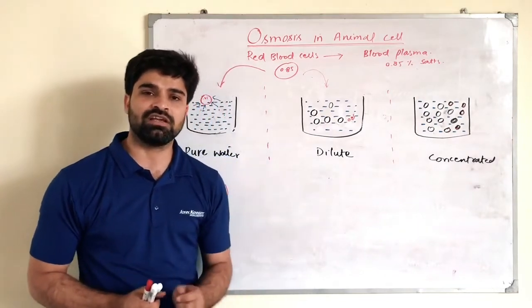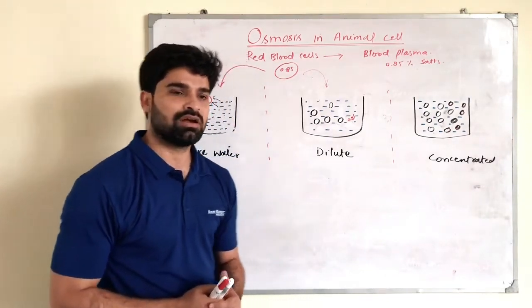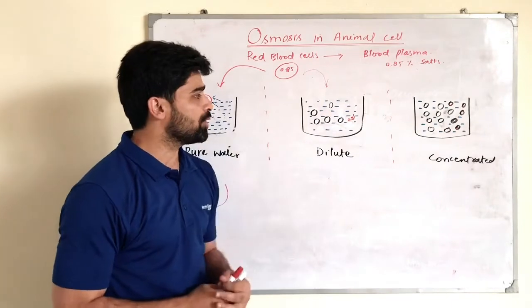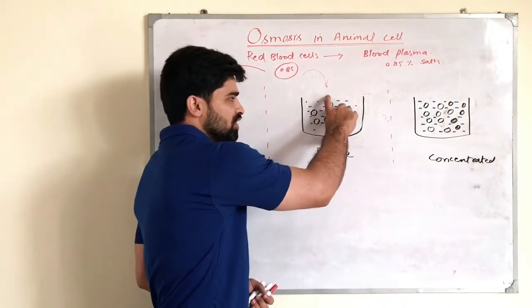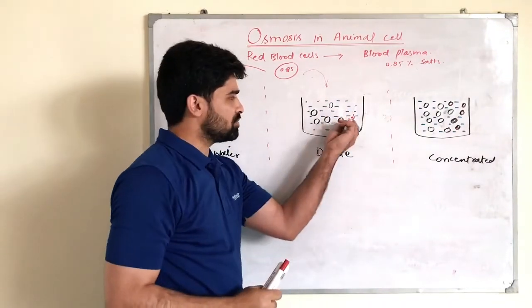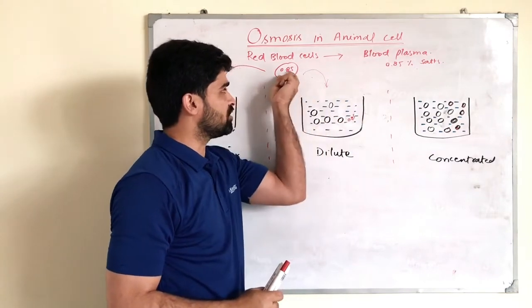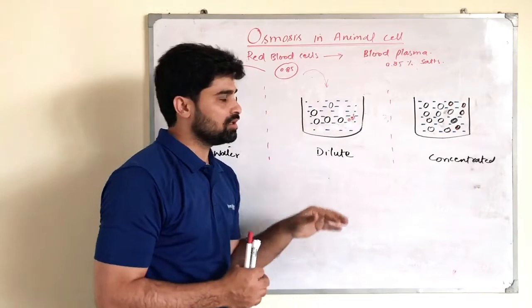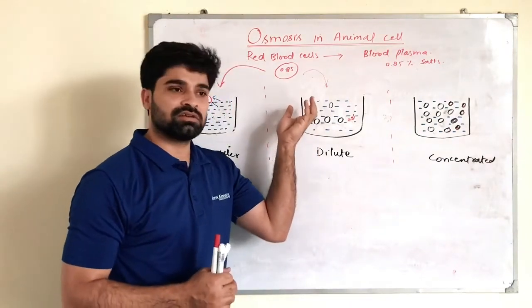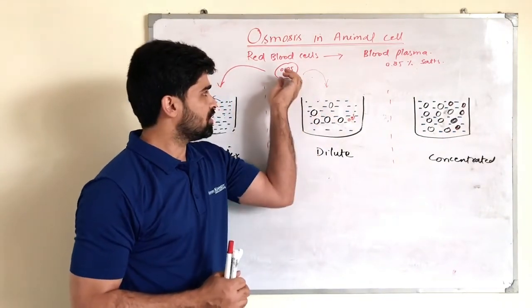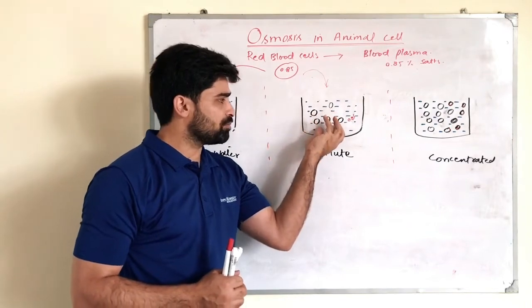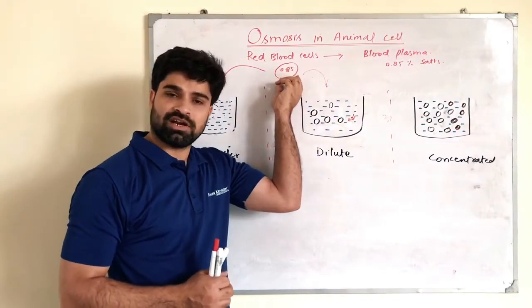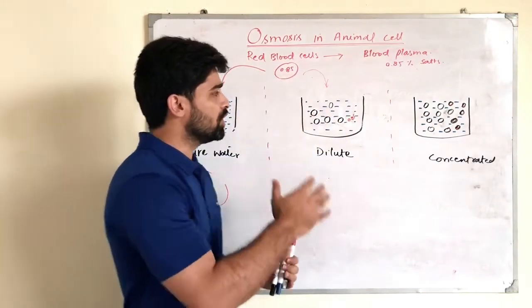No. Definitely there will be no change in this cell, because this solution has the same salt concentration as the red blood cells. So the water potential will be the same in the beaker and in the red blood cells.